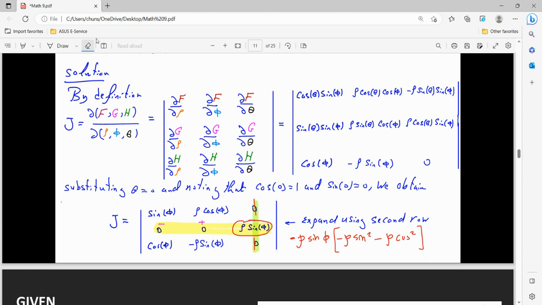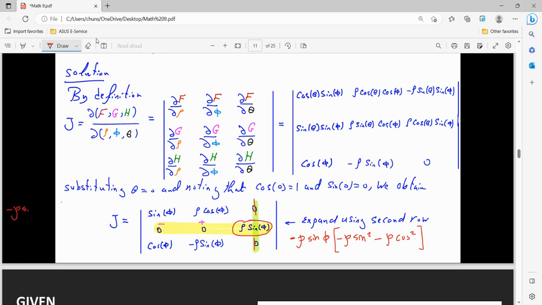Sorry, I ran out of room. And this will give us, if we simplify this, negative rho, because we can take that rho out.